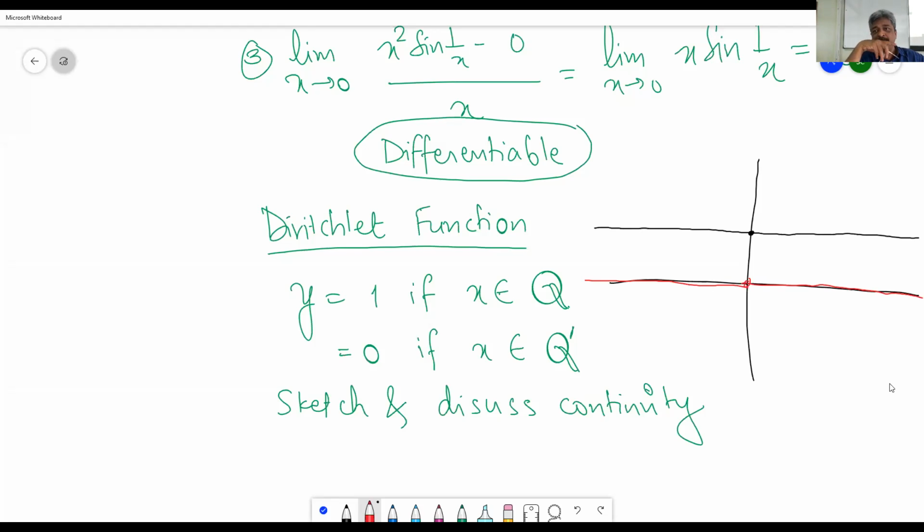Why? Because the moment you say that left hand limit and right hand limit is same, you will end up finding points which are irrational or rational, where the value of the function is not going to be desired value 0 or 1. Therefore, this function is discontinuous everywhere. That is why it is special.